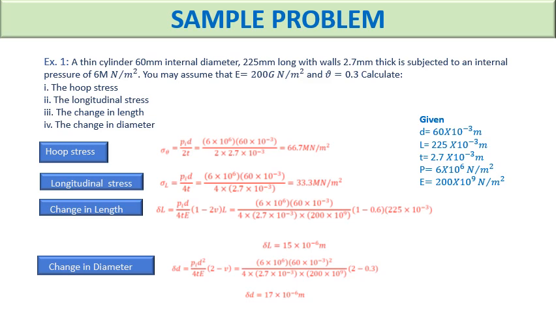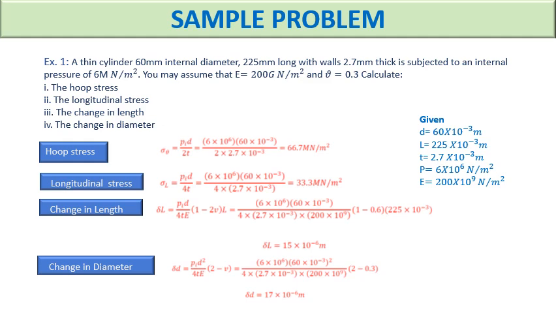Assuming the Young's modulus E equal to 200 gigapascal and Poisson ratio 0.3, calculate the following. First, hoop stress. Second, longitudinal stress. Third, the change in length, and fourth, the change in diameter. Normally these questions can be asked for 13 marks or 14 mark questions.